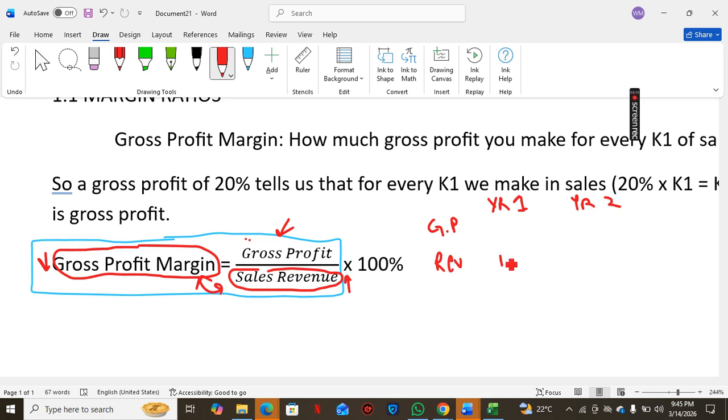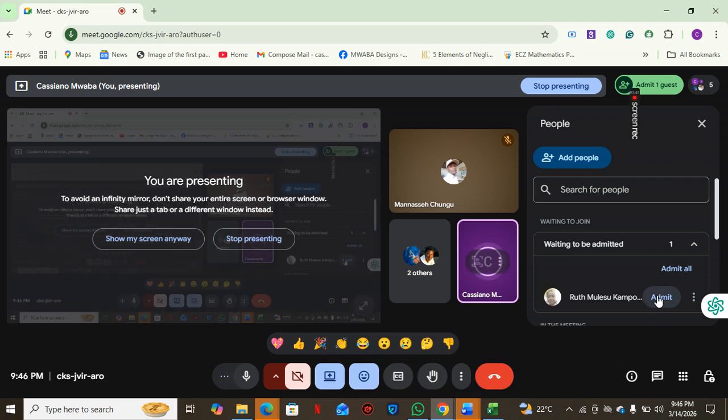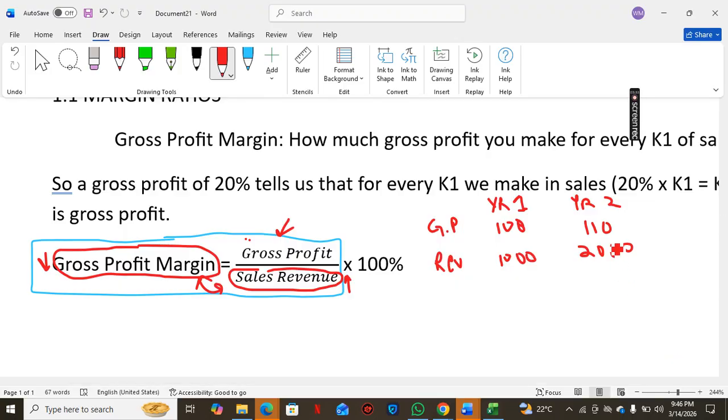Let's say sales revenue is 1,000 and gross profit is 100 kwacha here. Then in year 2, your gross profit goes from 100 kwacha to 110, and sales revenue is 2,000. Sales revenue has increased, it's basically doubled to 2,000, while gross profit has just increased to 110.